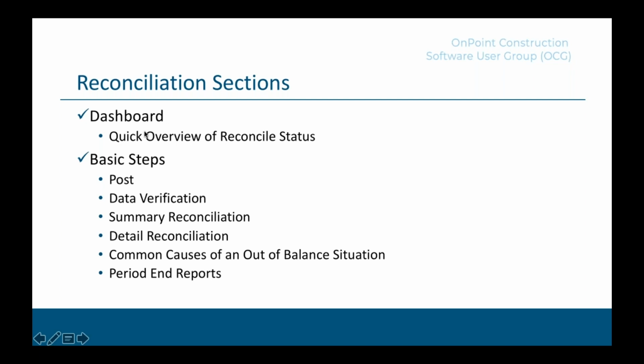The different sections of it, there is a dashboard, excuse me, that gives you a quick overview of the status and also the basic steps. To post, there's a little button that takes you right to posting. There's data verification, summary reconciliation, detailed reconciliation, common causes of out of balance, and period end reports.